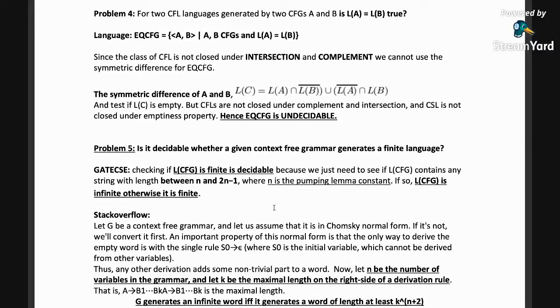But context-free languages are not closed under complement and intersection, so this approach fails.